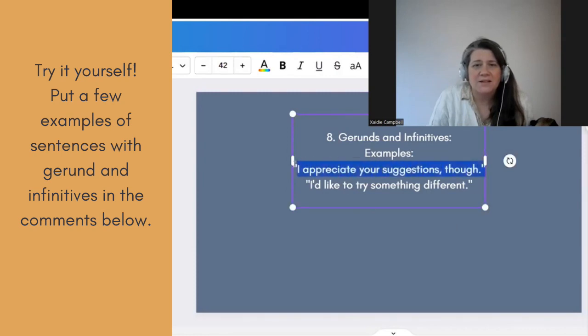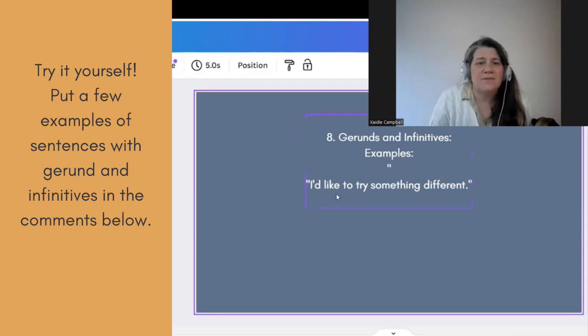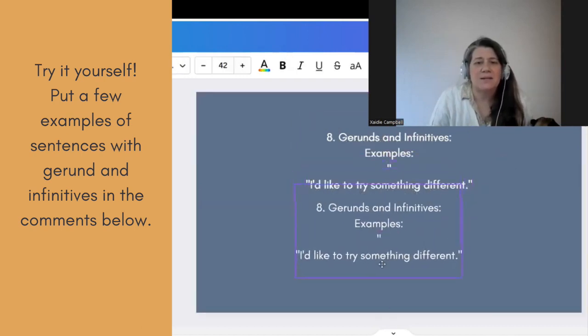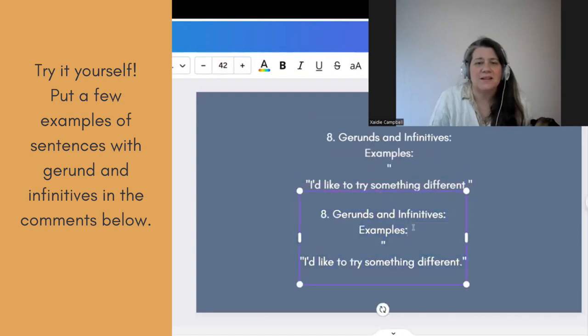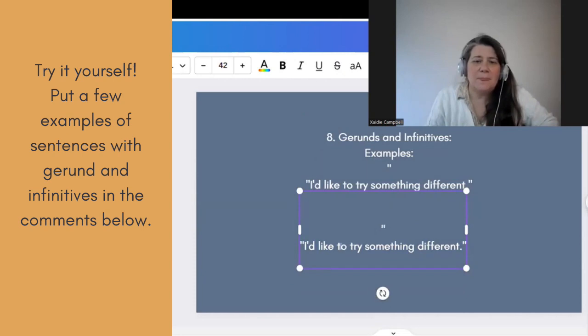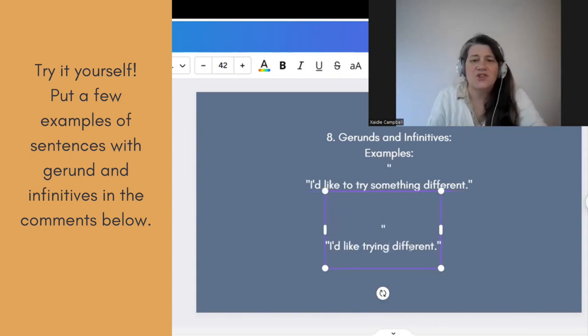But if I say, a gerund might look something like this. I like trying different foods.